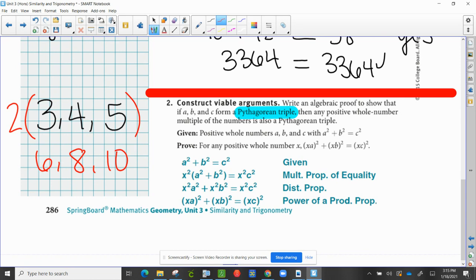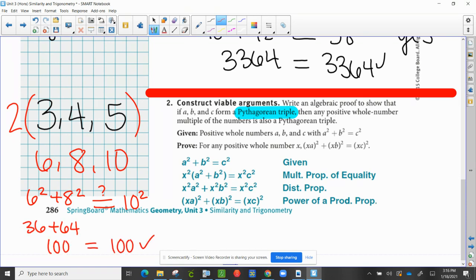Meaning the Pythagorean theorem holds true. Well, let's check that. 6 squared plus 8 squared, does that equal 10 squared? Well, 36 plus 64 is in fact 100, which is equal to 10 squared. So what that says is you can take any number and multiply it by a Pythagorean triple and form a new Pythagorean triple.